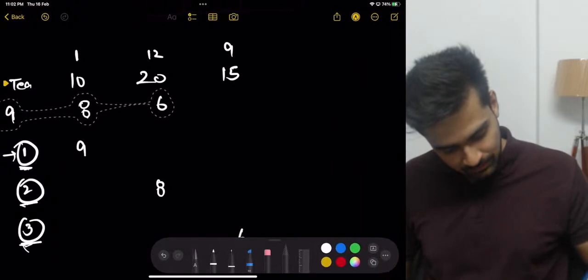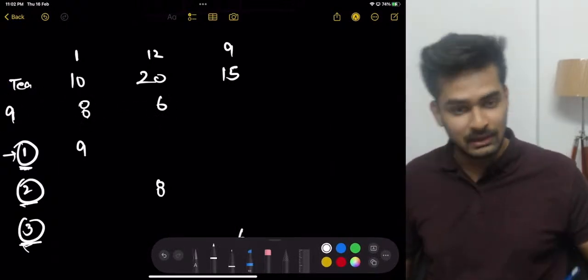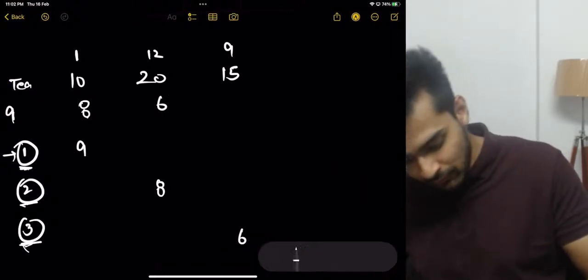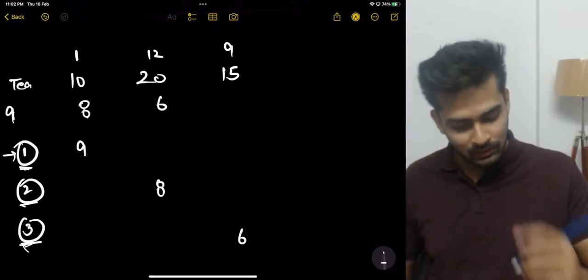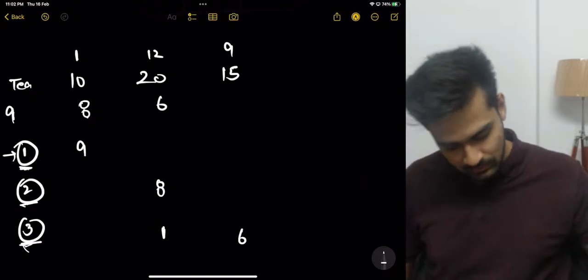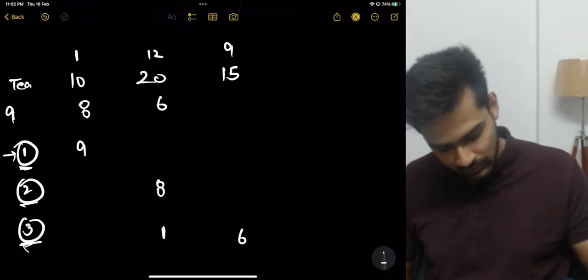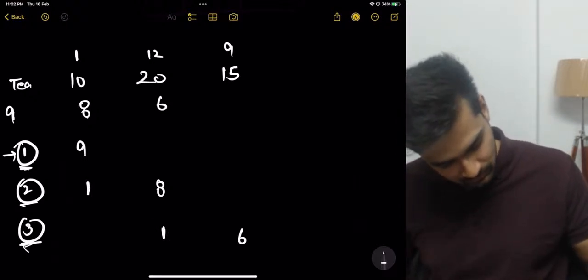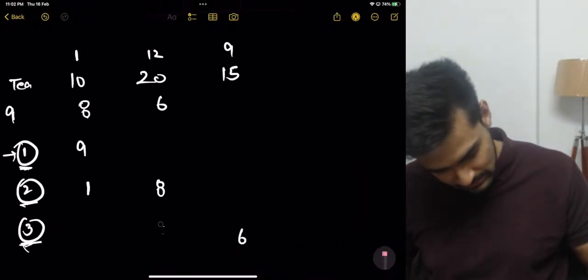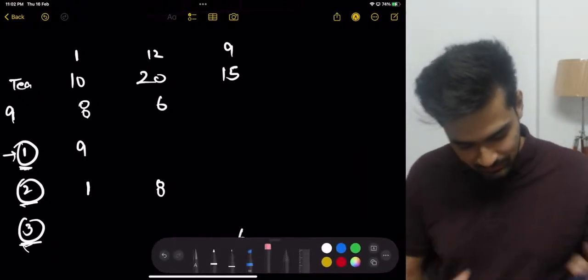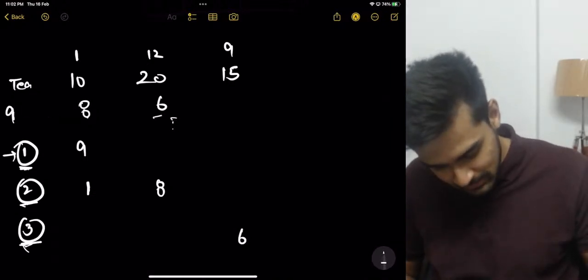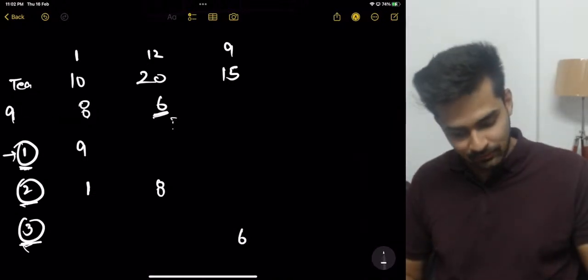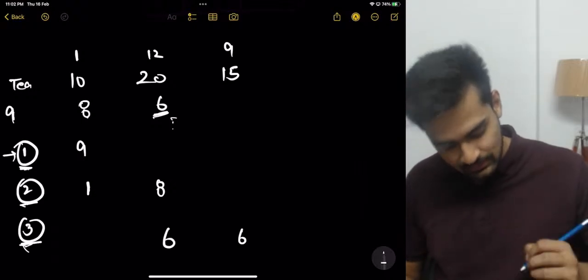Now person number 2 will drink tea number 1. Only one was left, so this person will drink one amount of tea. It might get a little confusing, but please bear with me. And the third person will drink 6 milliliters.